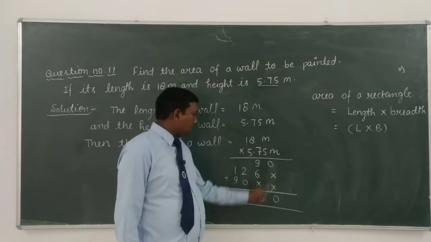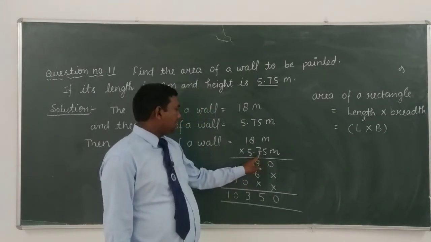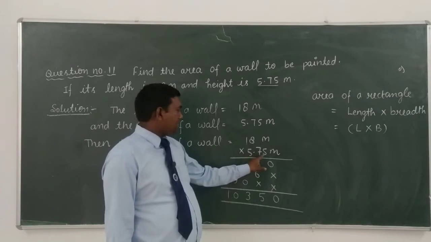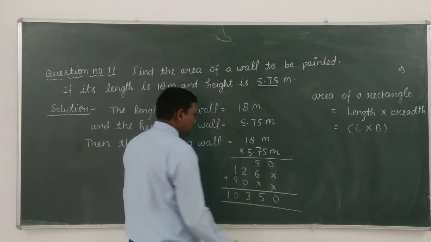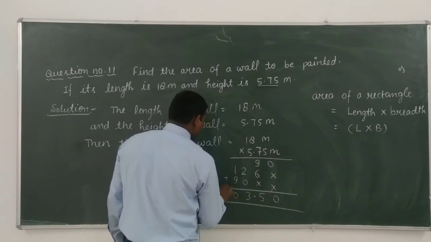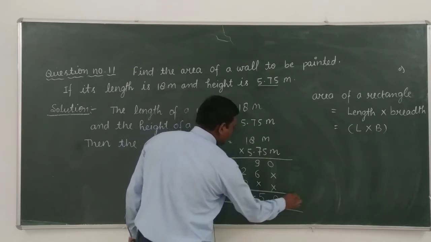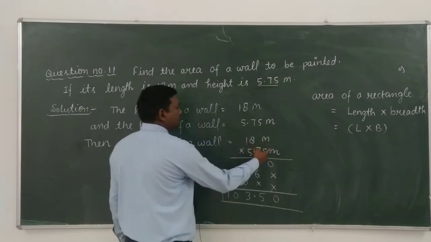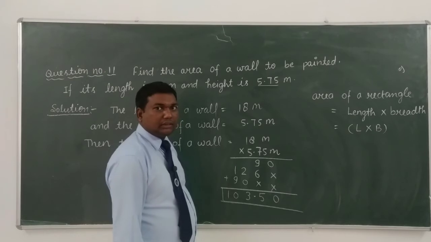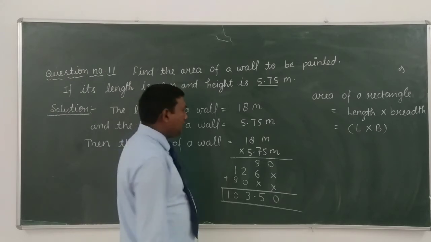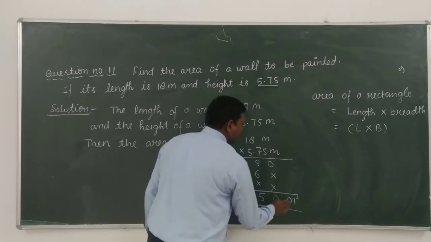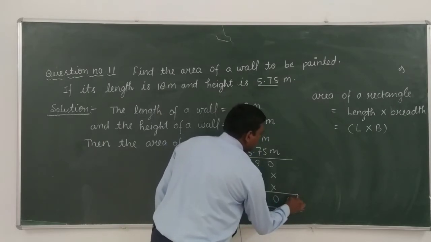Okay dear students, look at here carefully. Here given that the decimal is attached before the 2-digit place, so we can put the decimal point before the 2-digit place. Okay, and meter into meter means that the unit of area is meter square. We can write square meter also.